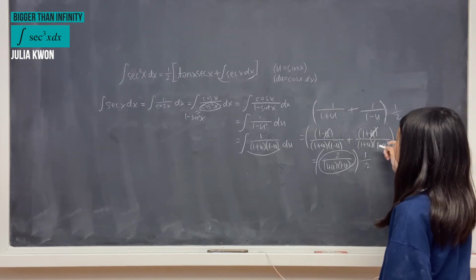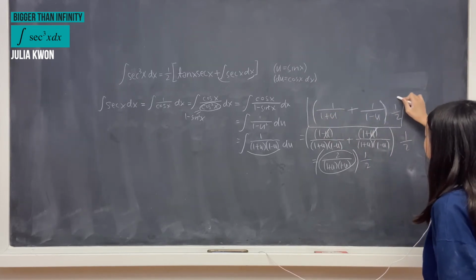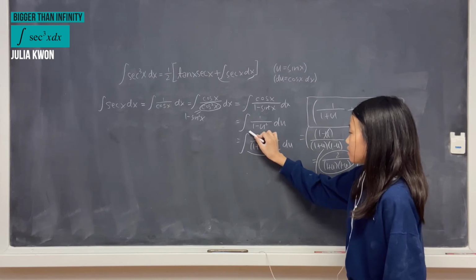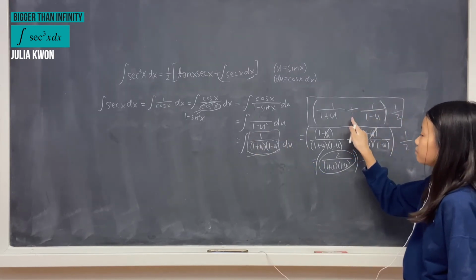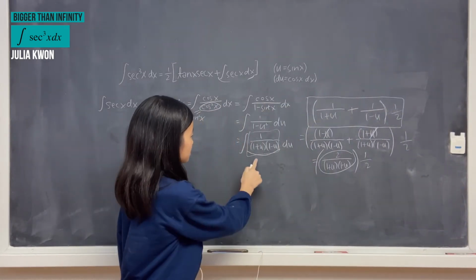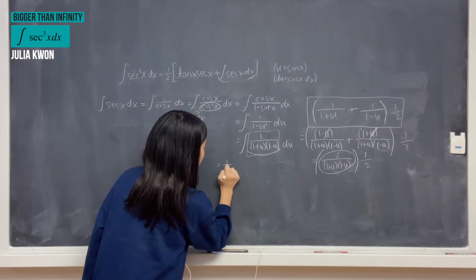And so what we actually got is this is equal to this. So now we can just substitute this back into here. So replace this with that, and that will get us to 1/2 integral.